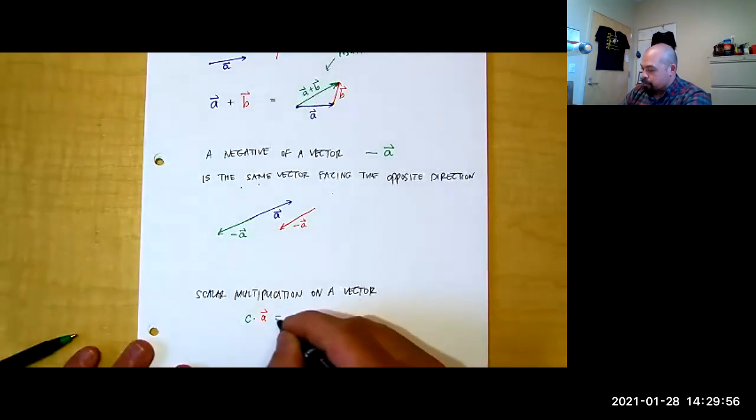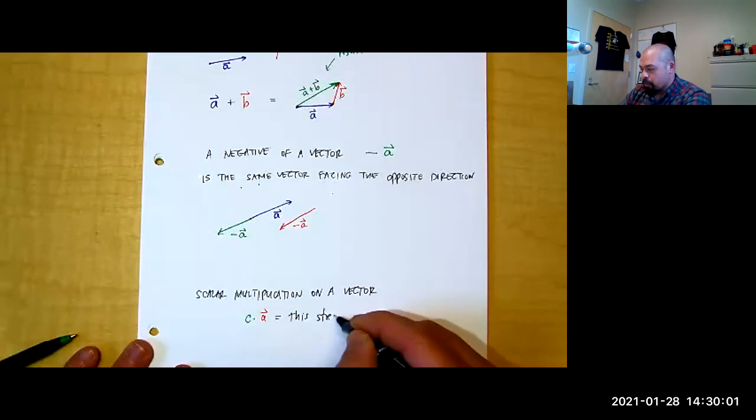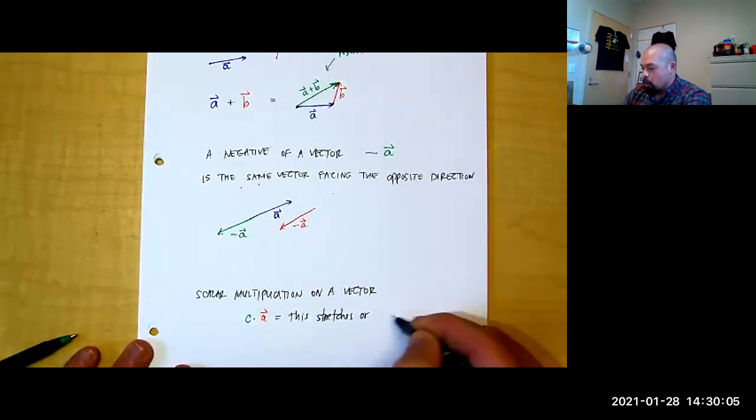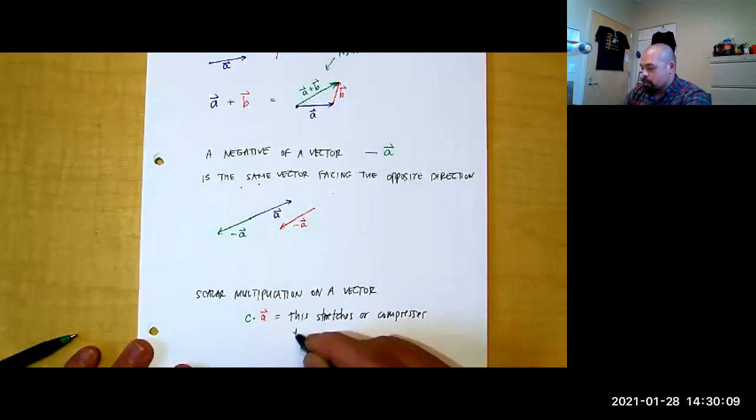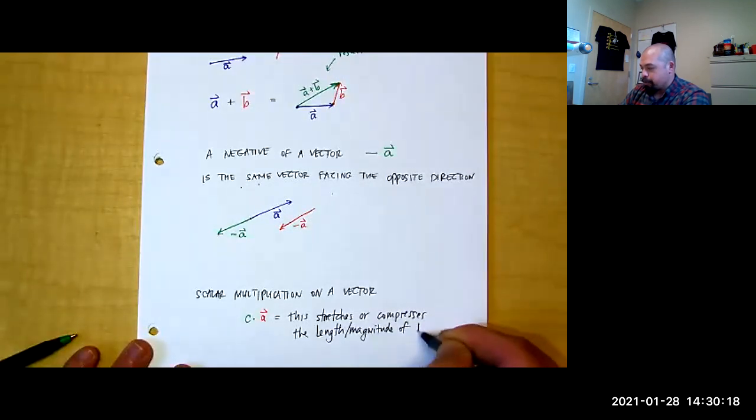What this does is either stretch or compress that length, that magnitude of the vector, right?